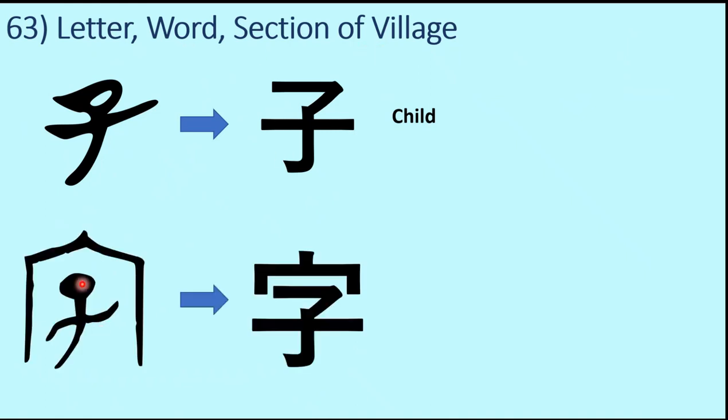The child is present here and this is an additional portion added on top of that. So this is now the kanji for letter or word or section of village.